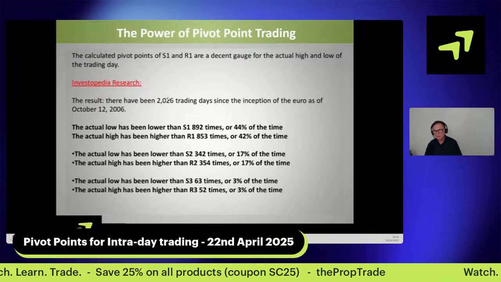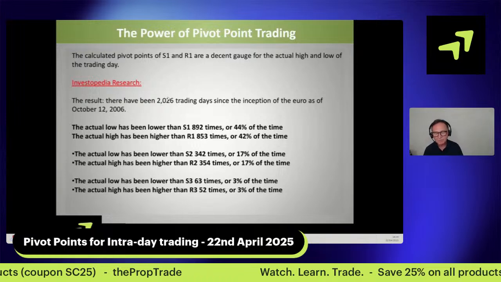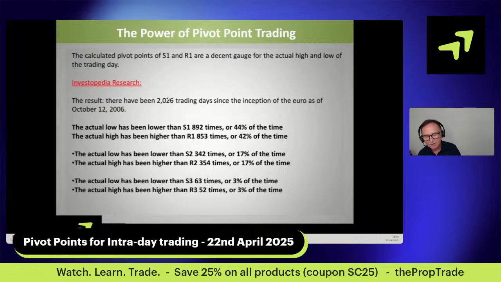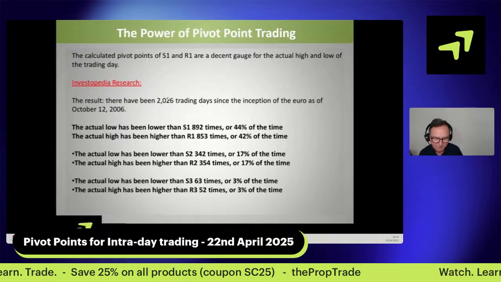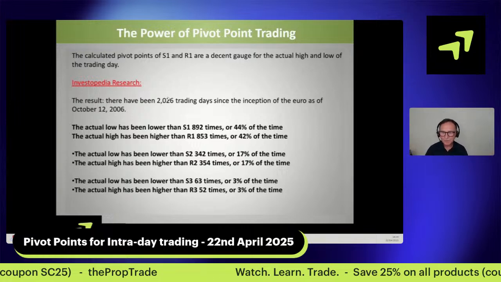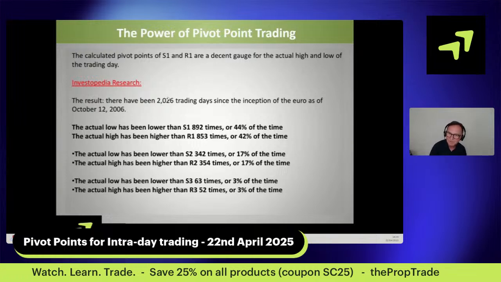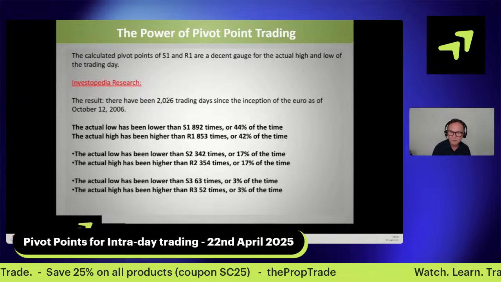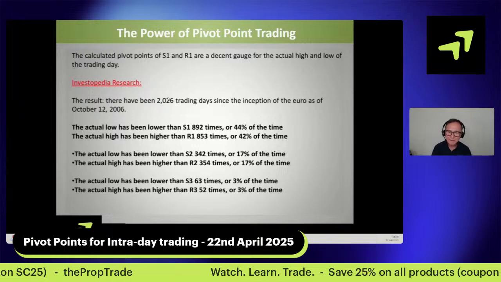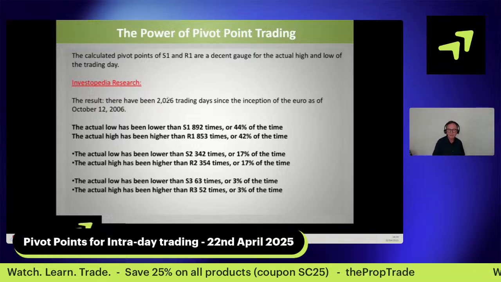That's the interesting calculation. So 340, 350 times we're either higher or lower than S2 or R2. Okay, and then the extreme move: the actual low has been lower than S3 only 63 days of the 2,026 days, and the actual high has been higher than R3 only 52 days.